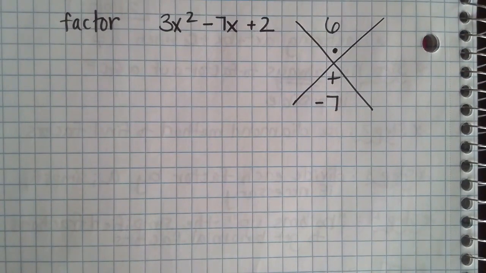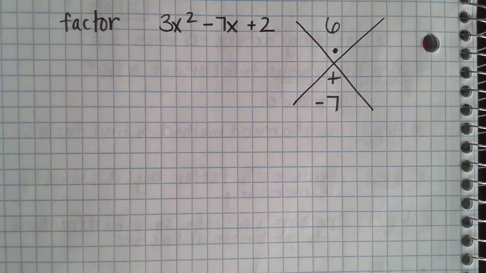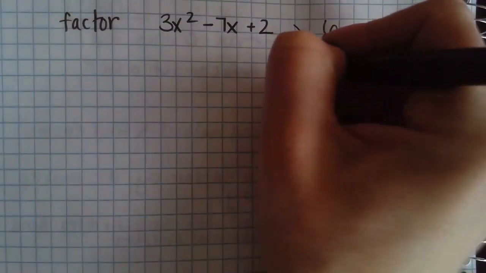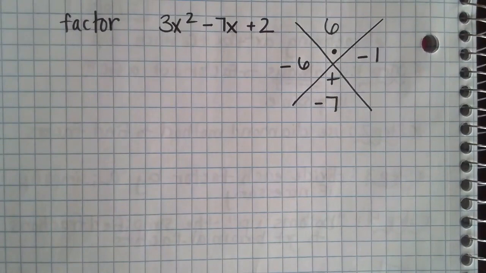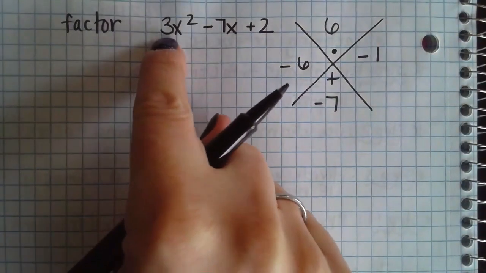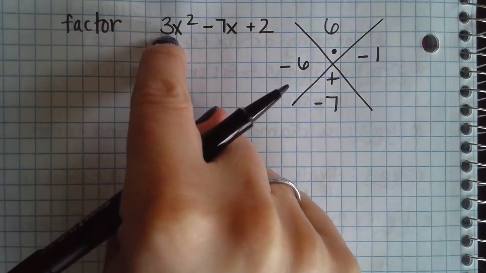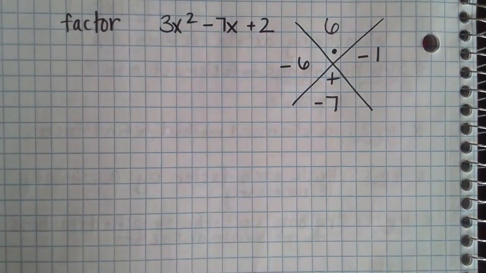So what are our two factors that when multiplied give us 6, when added give us negative 7? Blake? Negative 6, negative 1. Good. Now, A did not equal 1, so we have to move on to step 3, which is what do we do with our factors?